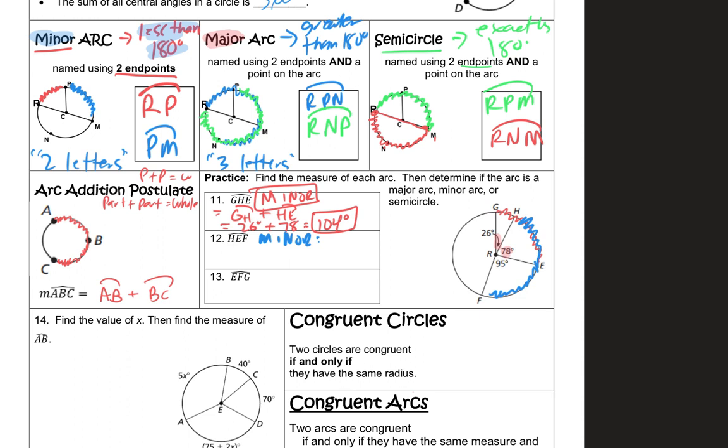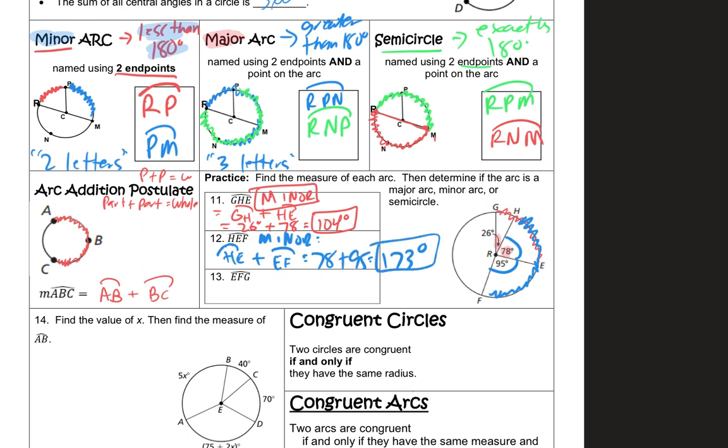But HEF is going to be equal to HE plus EF. That's 78 plus 95, which is equal to 173 degrees. So all we're doing is just adding those together.